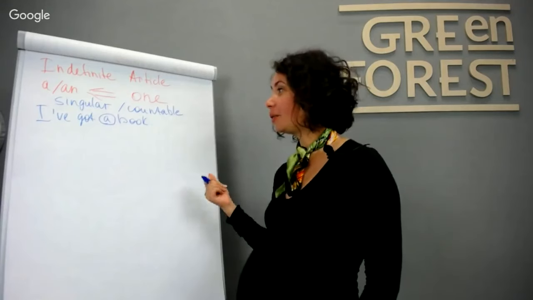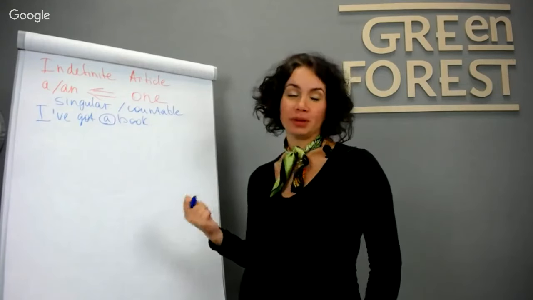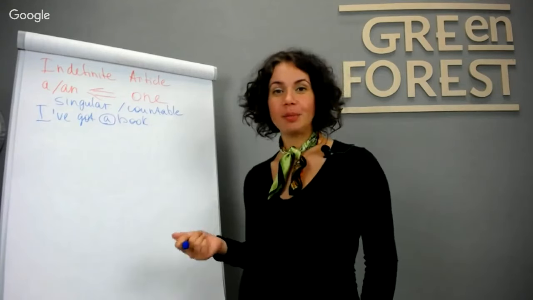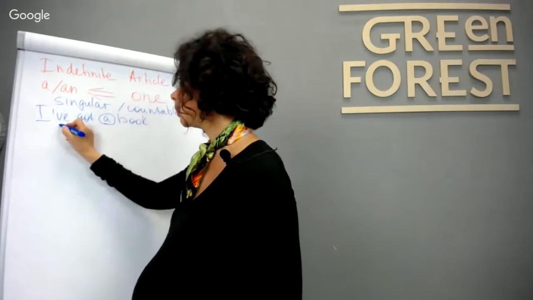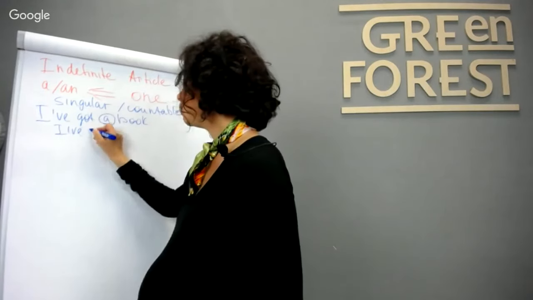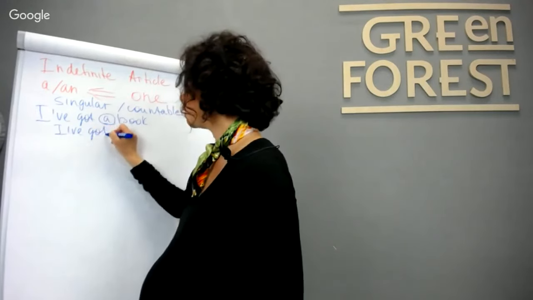Instead of a or an, if you want to still be indefinite in this case, you need to use some. Please don't use the. It's a myth that we use the instead of a in plural form. It's wrong. So it's not about our topic, but anyway, if you want to make a plural sentence, then you need to say I've got some books.